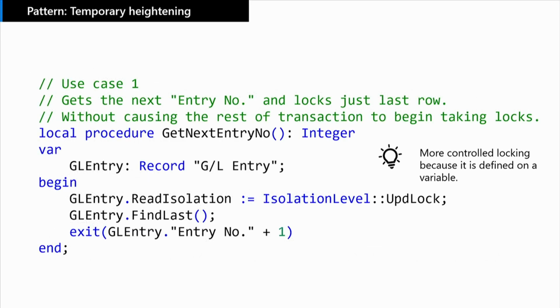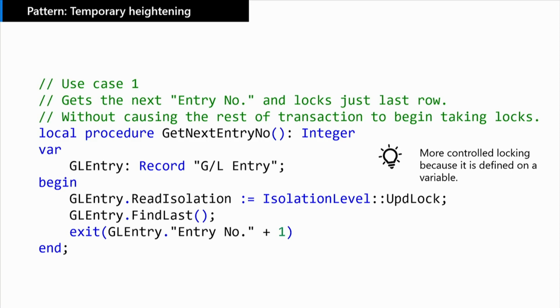So this is one of the patterns we came up with when we designed this. We call it temporary heightening. So instead of doing log table, which is I think how the code originally did this, or this is a modified version of base code I took. Normally you do log table here. You go in and say log table, find last, okay, everything is good, right? But the problem is that now, if you do this very early in the transaction, as normally they do, every other read would be impacted. But now we can go in and say, hey, just this read is impacted, nothing else later, right?